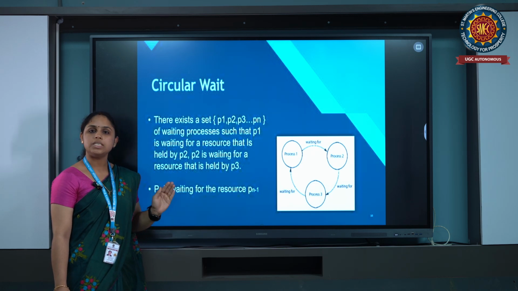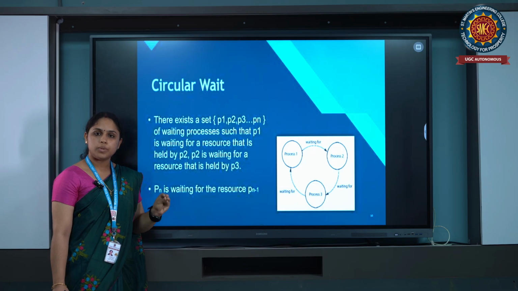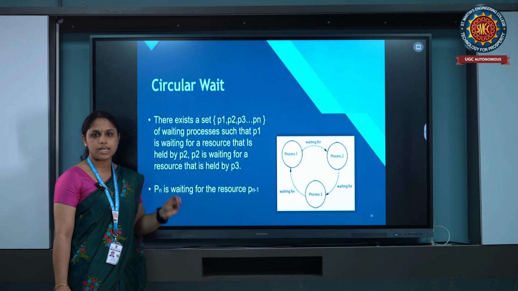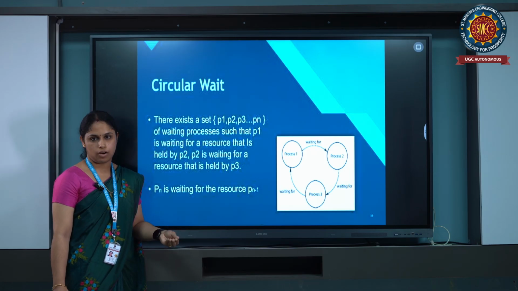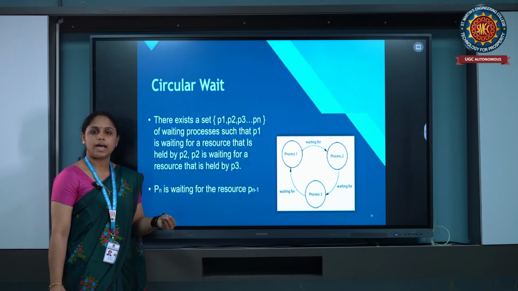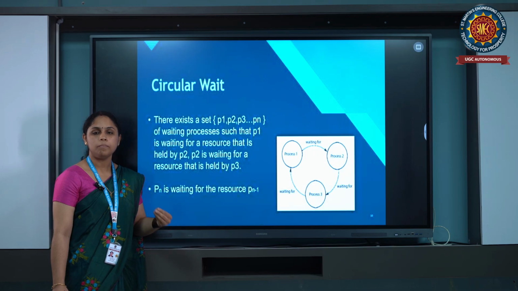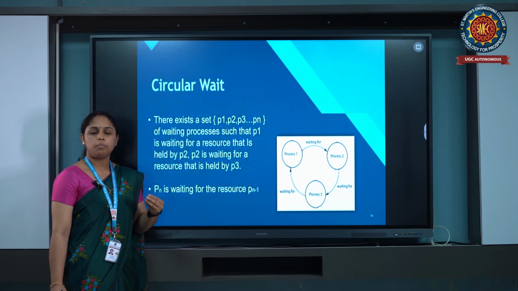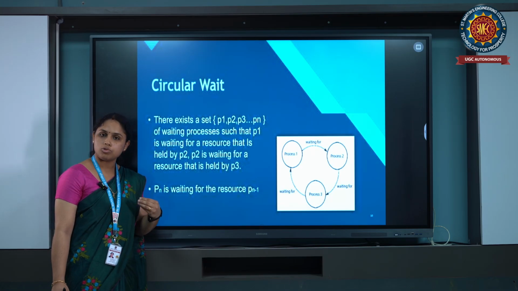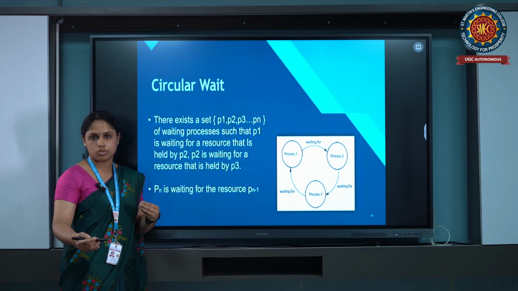If the system has all four conditions, only then will it lead to deadlock. Just assume that the system is not allowing the hold and wait situation. That means a process cannot hold one resource while waiting for another resource.